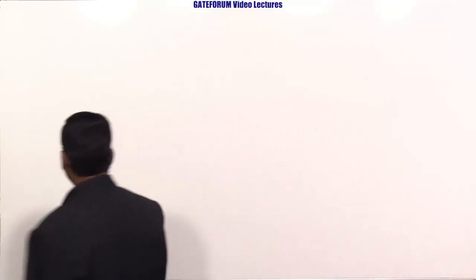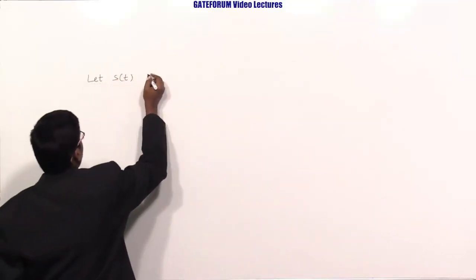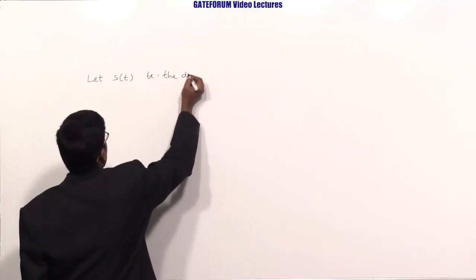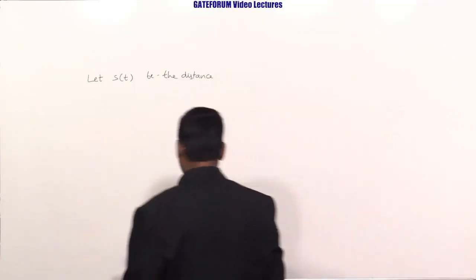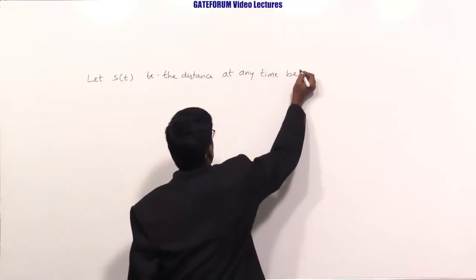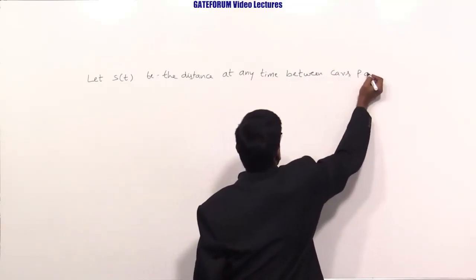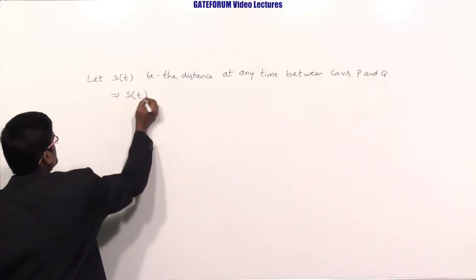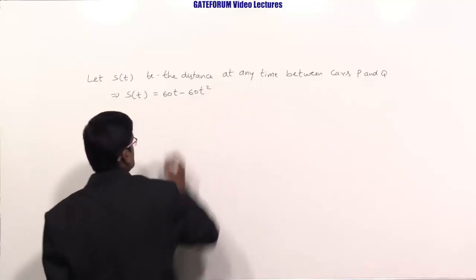Okay, so let s of t be the distance at any time between cars P and Q. This implies s of t is equal to 60t minus, because between means difference automatically, 60t square.